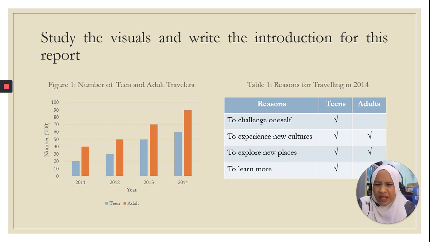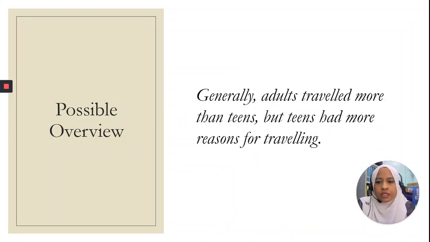As we can see, for 4 consecutive years, it is true that adults travel more than teens, because every year the number is higher than teens. That is what you see in visual 1. If you look at visual 2, you can see that teens have more reasons to travel, 4 reasons, while adults have only 2 reasons to travel. So what you see here is true.